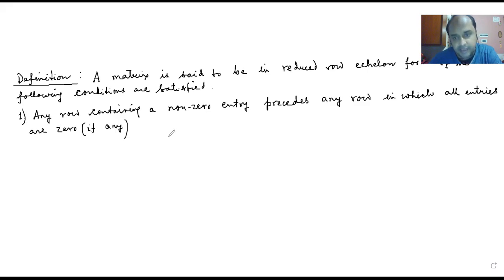This is the first thing. So let us try to understand what they mean by that. Any row containing a non-zero entry precedes any row in which all entries are zero.